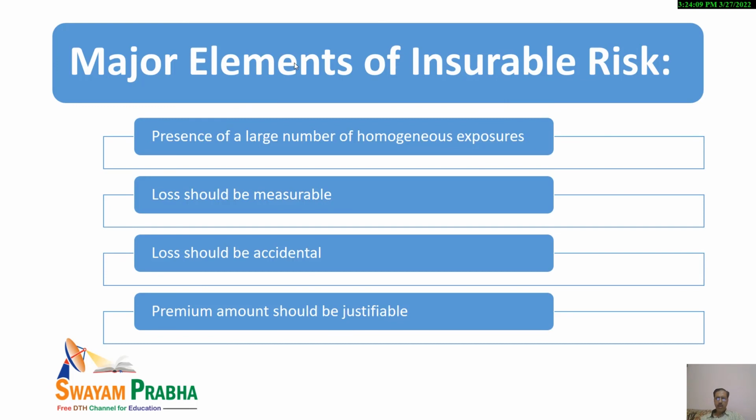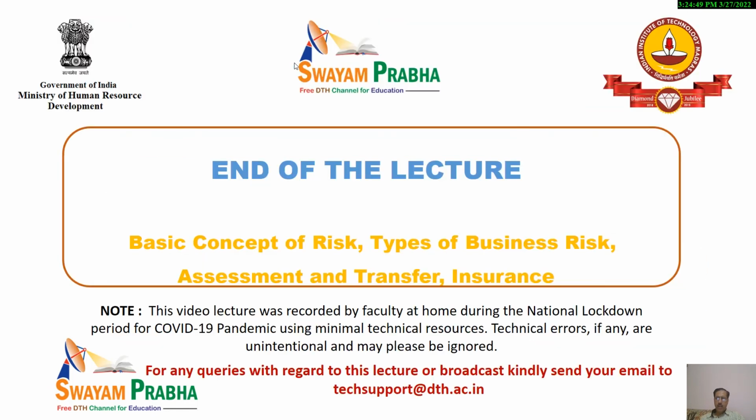Otherwise, no company will be issuing you an insurance policy for covering that risk. And it should be ascertainable, it should be measurable, and the loss should be accidental. It should not be pre-planned, it should be accidental. And the premium amount should be justifiable. As I have already told you, in case the risk is very high and the probability of happening is very high, in that case the amount of insurance premium will also be very high.